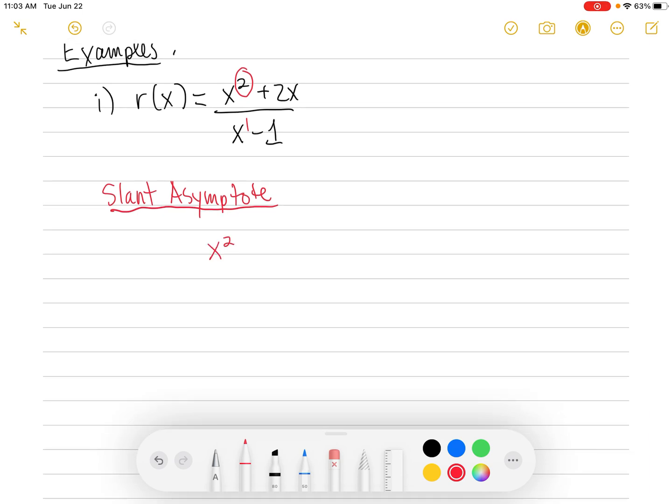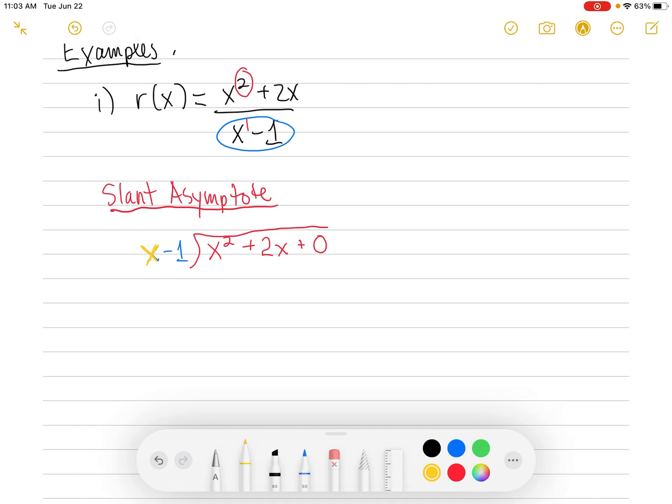So what we're going to do, we're going to take the top polynomial, x squared plus 2x plus 0. We're going to put a constant of 0 in the end. And we're going to divide the bottom polynomial into it, x minus 1. So how does that work out?